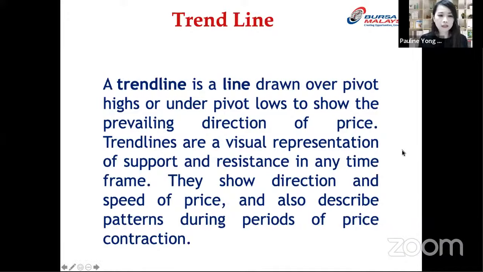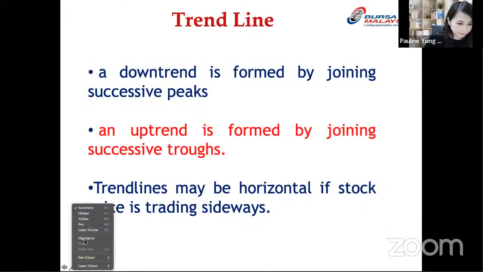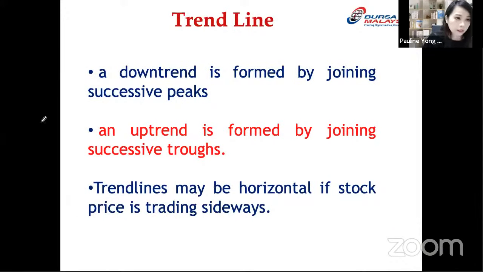A trend line is a line drawn over pivot highs and pivot lows to show the prevailing direction. So one simple definition is higher high and higher low. Whenever you see a higher high and higher low, I'm drawing a trend line here. This high is higher than this high, right?